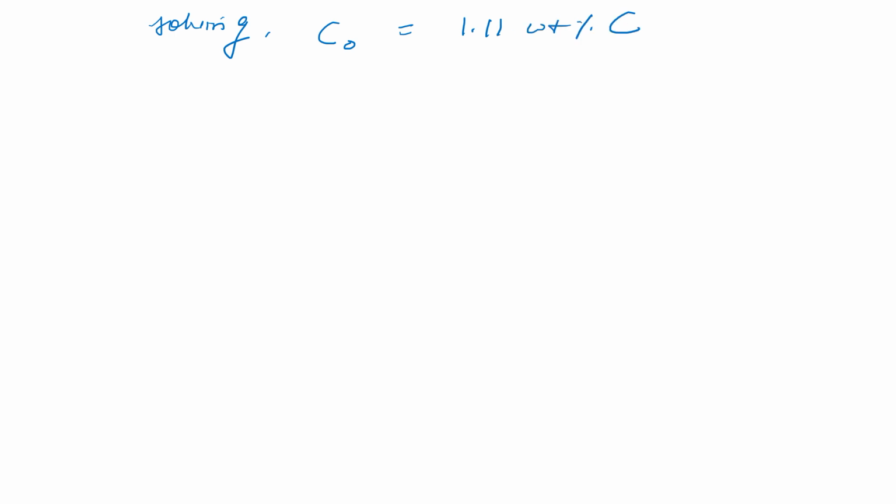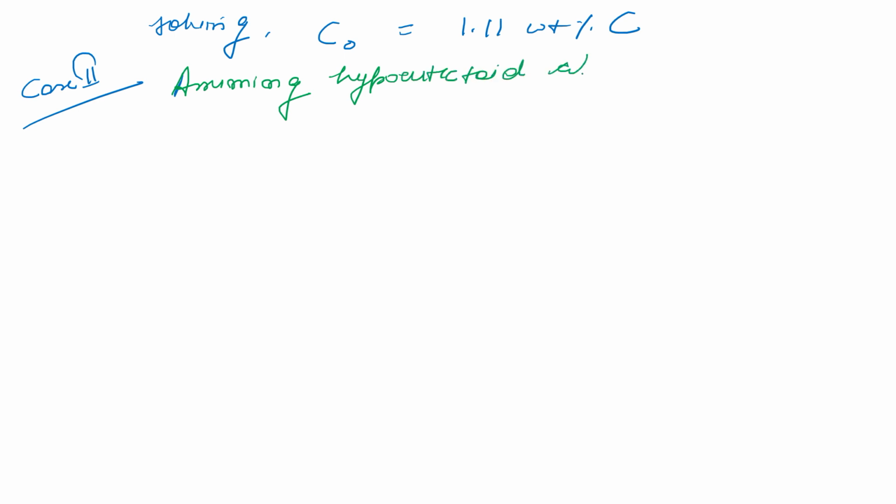Okay. So this was case 1, assuming that this was a hypereutectoid alloy. Now assuming we have a hypoeutectoid alloy, in this case all cementite is present in the pearlite, right?